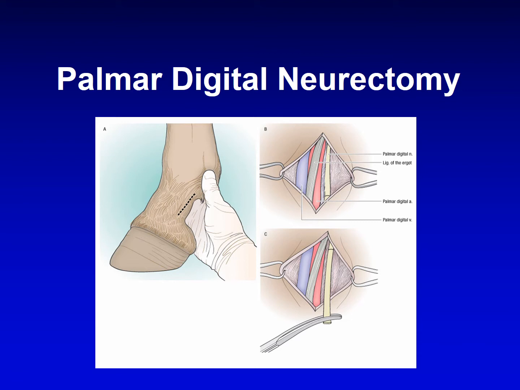And so we reach a point where we need to treat that disease. By treating the disease, I mean to take the innervation of the navicular bone, and that's by cutting the palmar digital nerves on both sides.